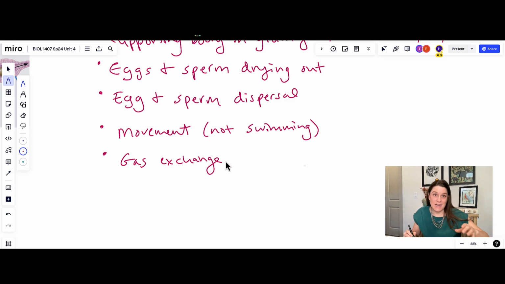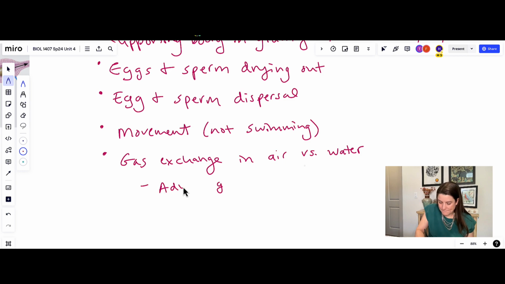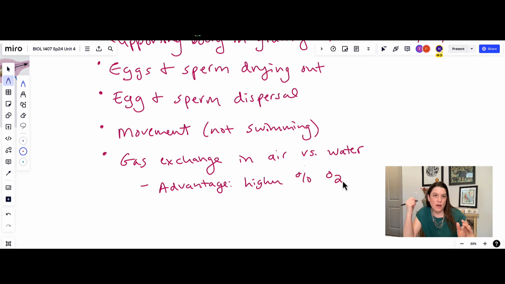You've got to do some kind of gas exchange, especially gas exchange without drying out your body. So specifically in air, right? An advantage of air on land is that you have a higher percentage of oxygen in air than you would in water.